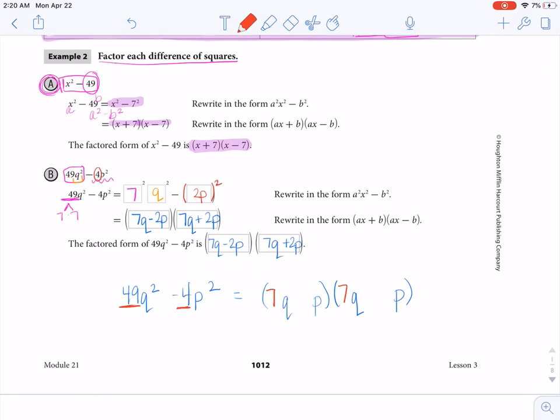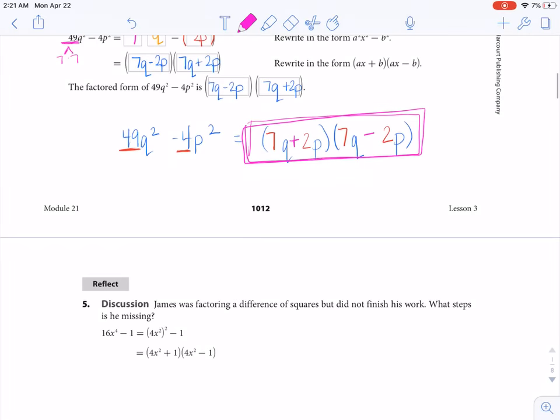And if I look at 4, I know I need 2 and 2, since we are looking at perfect squares or difference of squares. And I need plus and minus because we do not have that middle term. This is the same exact thing that we get when we do it the way that the book did it. Like I usually tell you guys, whatever you're comfortable with, go ahead and use that.